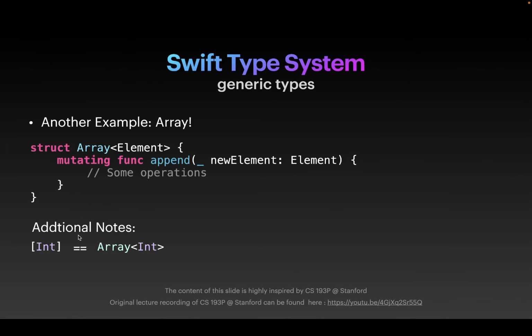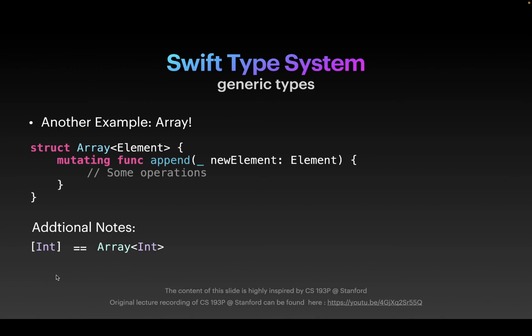Now there are some additional notes. You may have already seen this in the first lecture. When you declare an array or do some type annotation for your compiler, you go with square brackets and put Int inside. It means the array takes an integer.